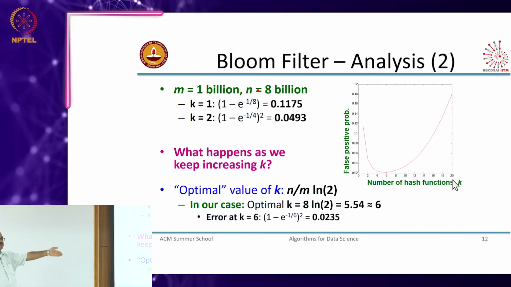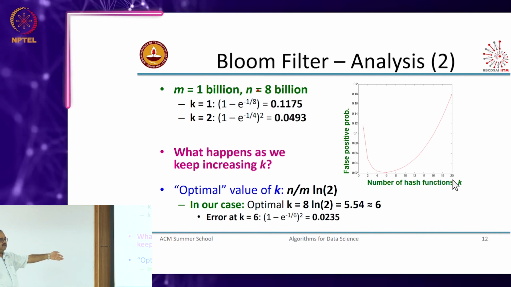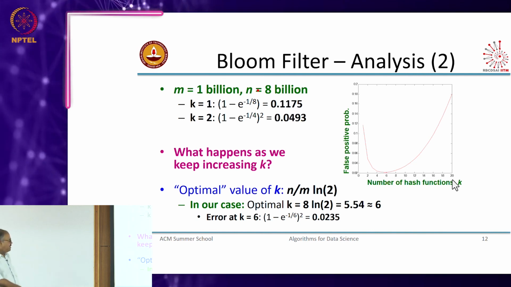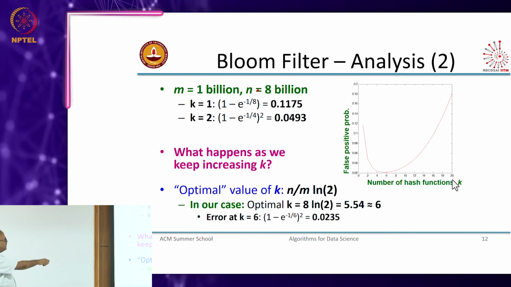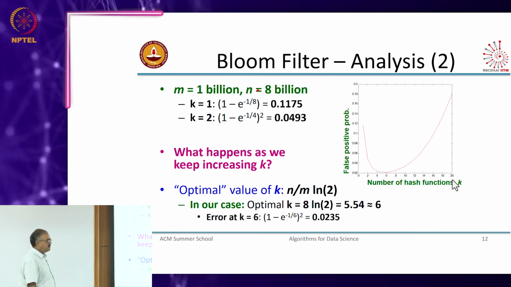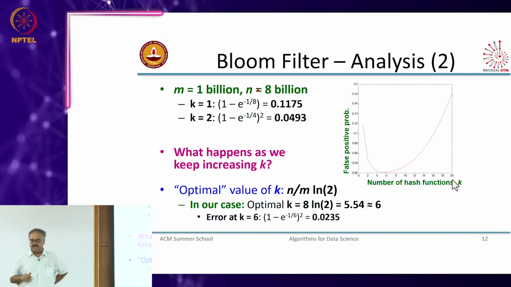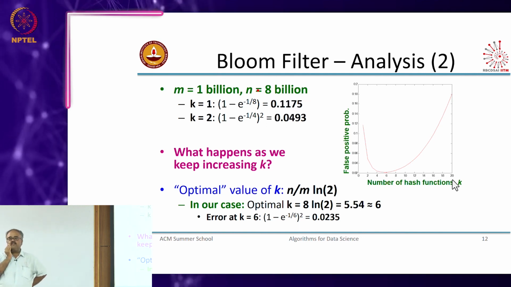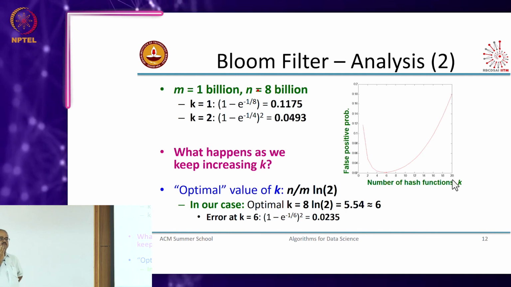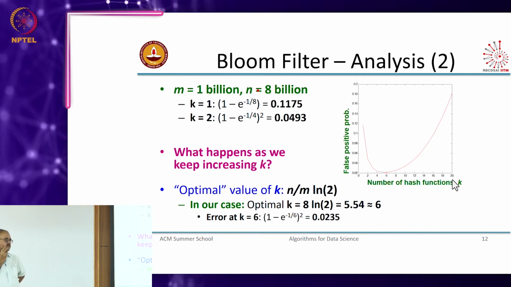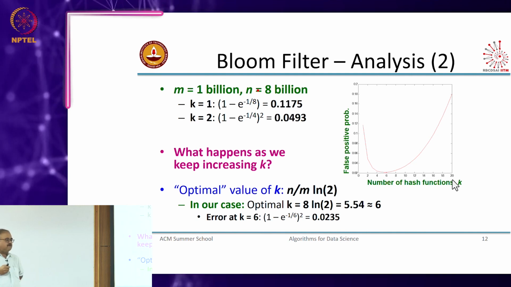So if you want to improve this, what do you have to do? Fine. So the best with this, 1 billion entries and 8 billion buckets, is 0.0235. That is basically 2.35% of the entries will come in as false positives. So if I want to decrease that further, what should I do?